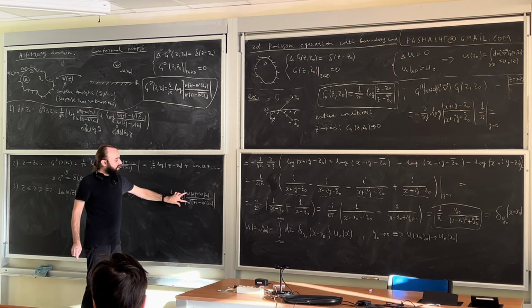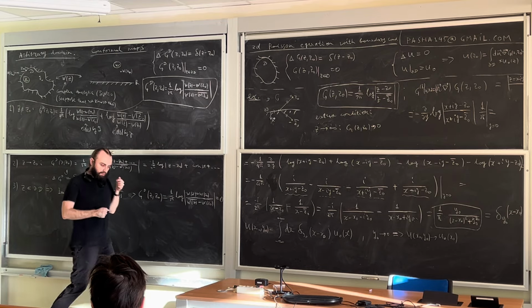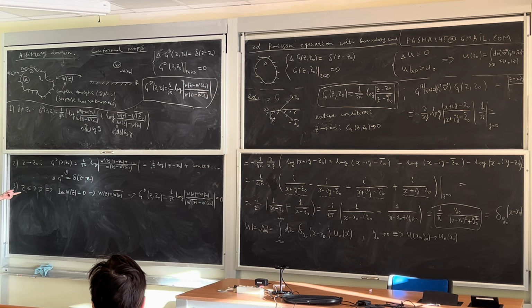And since these two coincide, the logarithm equals 0. Maybe it was too much detail, but now it should be clear that it is indeed a Green function. So is it fine?